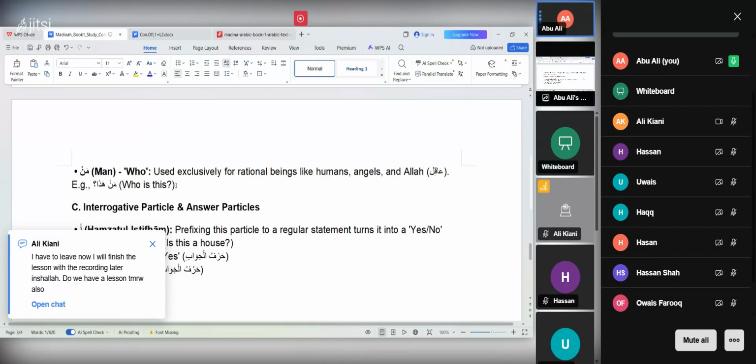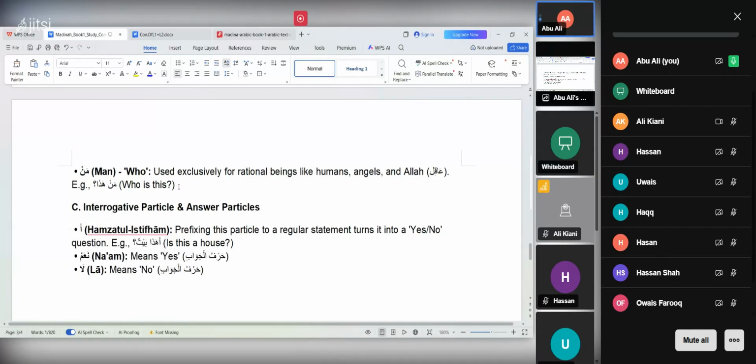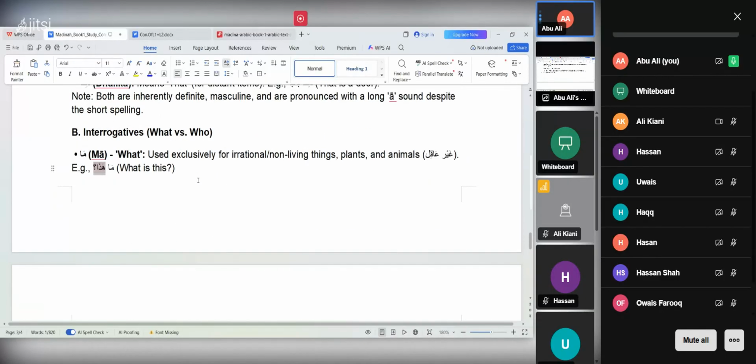Men is used for intelligent things. Men hada? This is Abbas. Hada Abbas. As a side note, in Arabic, intelligent beings are God, angels, humans, and jinn. These are the intelligent beings in Arabic.